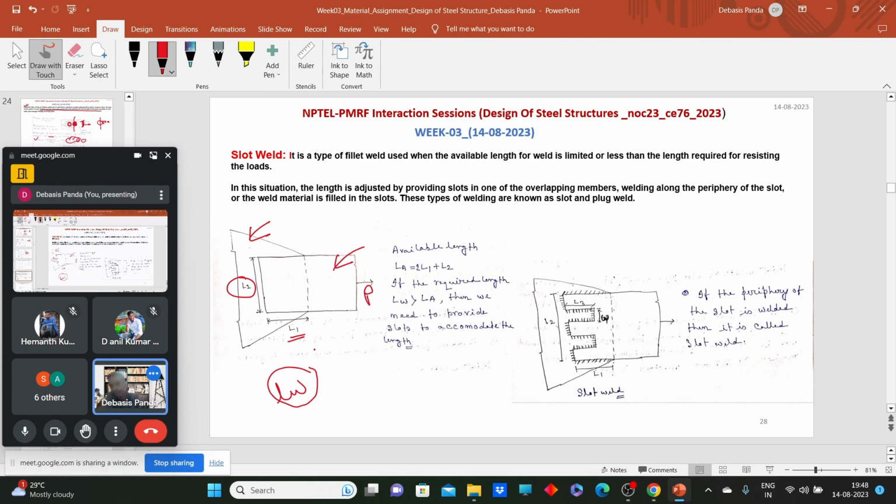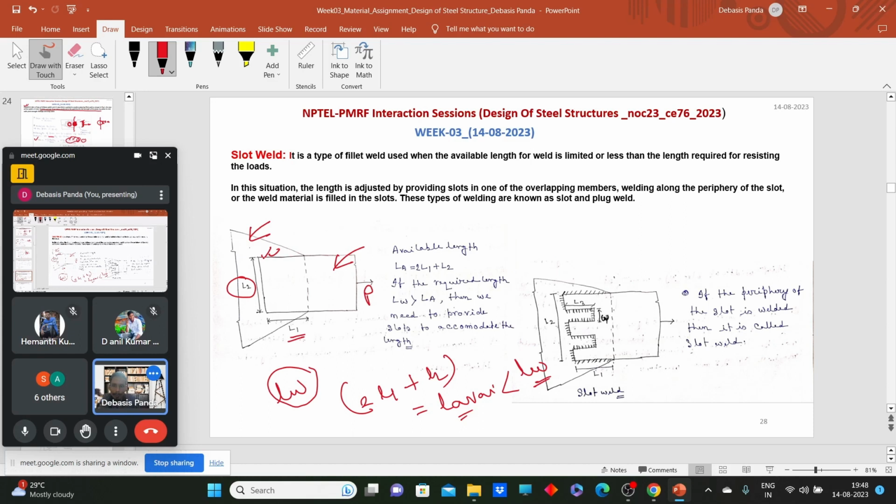Tell me how much length is available for this connection? It's 2L1 plus L2. Now if this available length is less than your effective length, how can we accommodate this extra length?